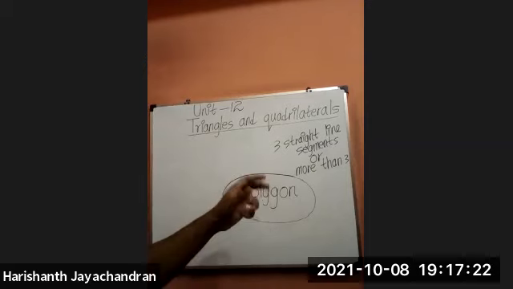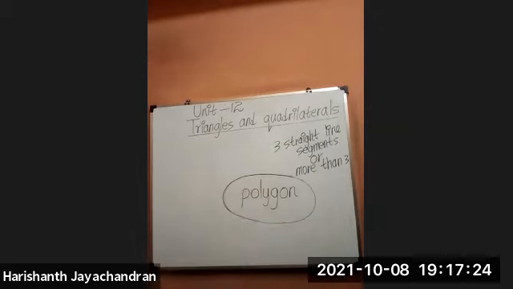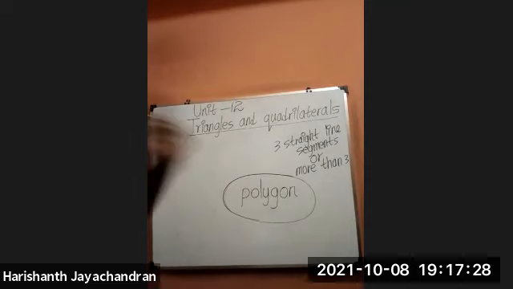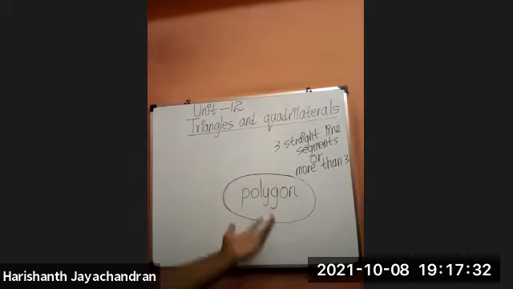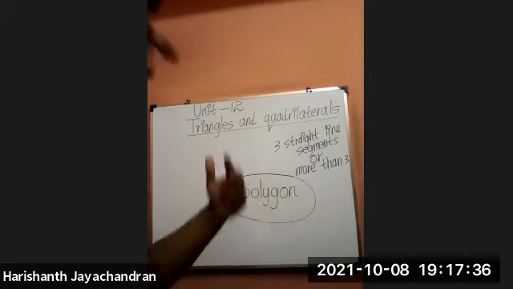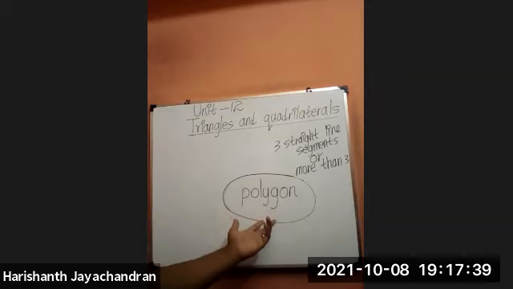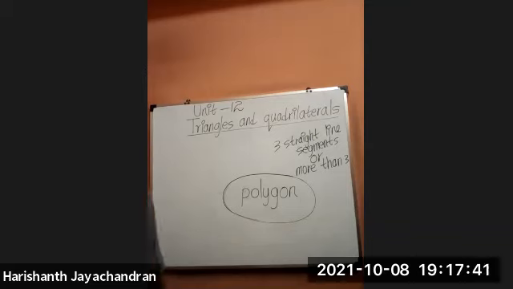So when we are studying, we should make sure that we know what each term means. Obviously, they're not going to ask what a polygon is. This is not like science, so they won't ask for definitions. But we need to know what that is, right? Then only are we studying in the proper way.